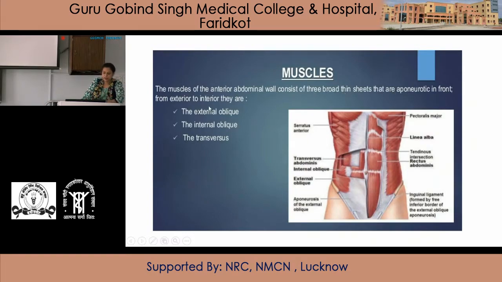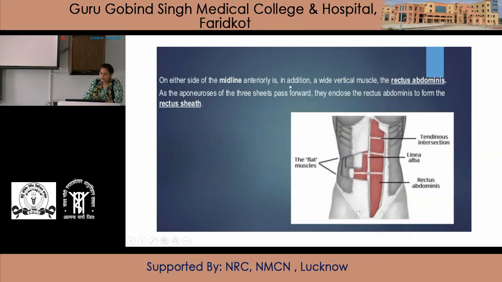On either side of the midline anteriorly there is in addition a wide vertical muscle, the rectus abdominis muscle. As the aponeuroses of the three sheets pass forward, they enclose the rectus abdominis to form the rectus sheath.